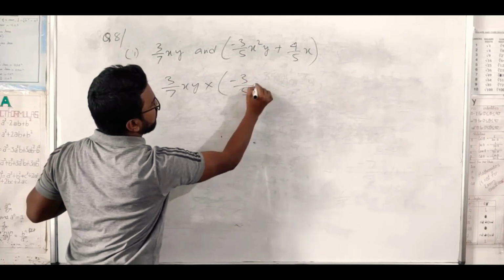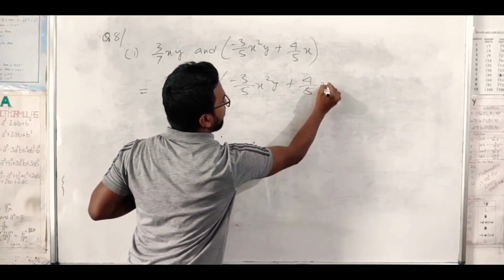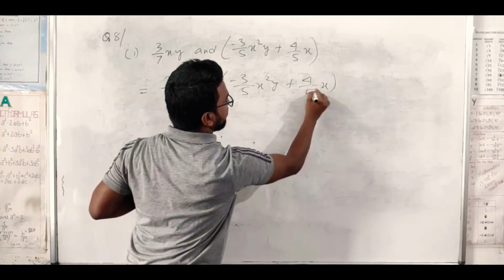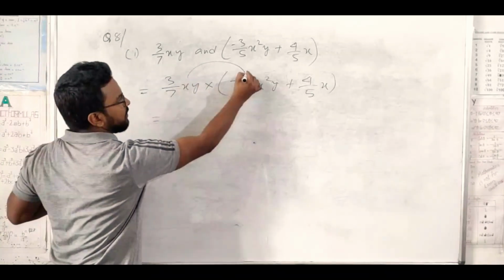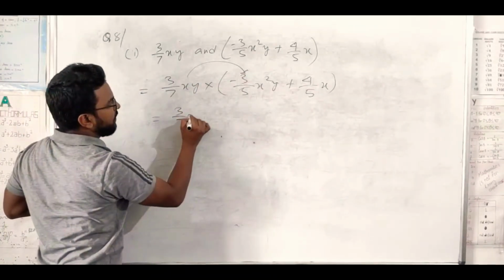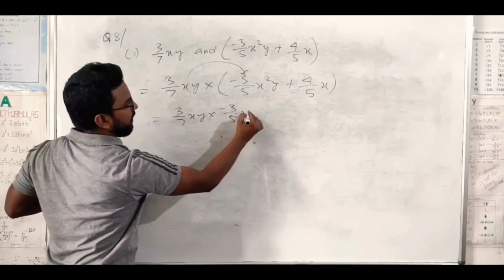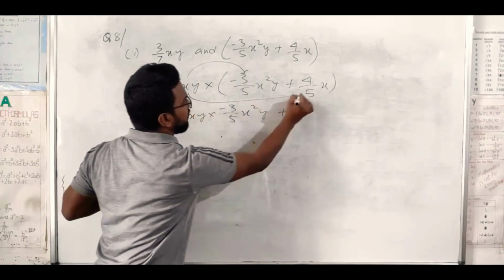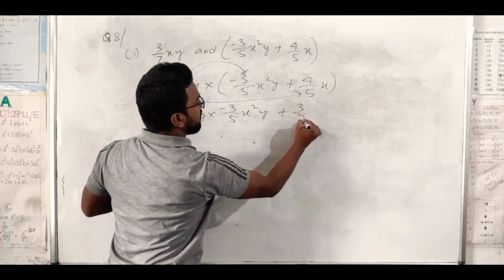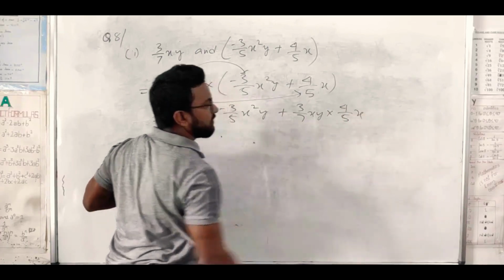Okay, you write down like this, plus 4 by 5x. Now you have to multiply one by one. First you multiply this one with this, 3 by 7 xy into minus 3 by 5 x square y. What sign is there? Plus. Again you have to multiply this one with this, 3 by 7 xy into 4 by 5 x.